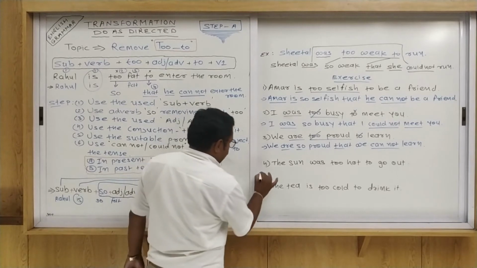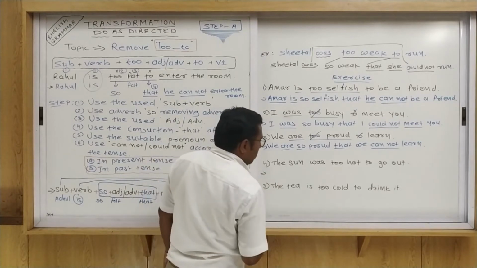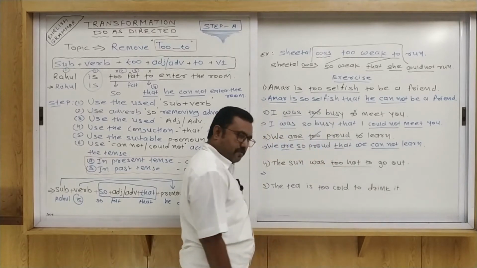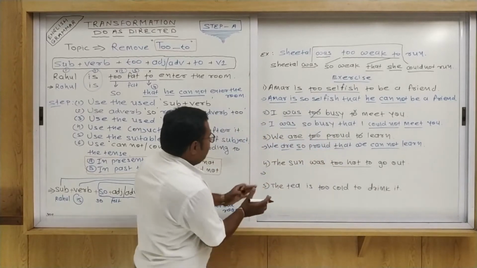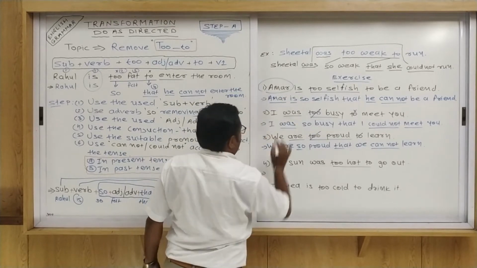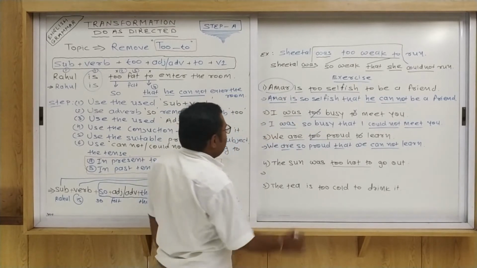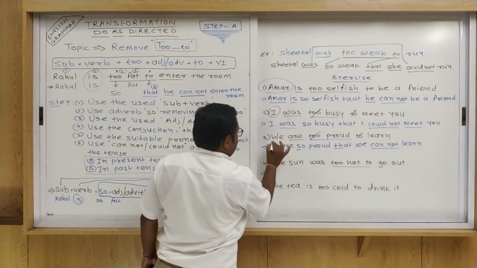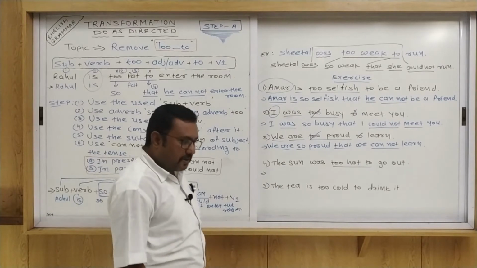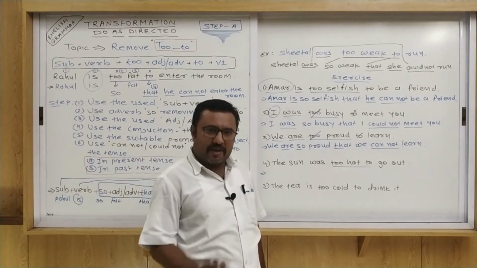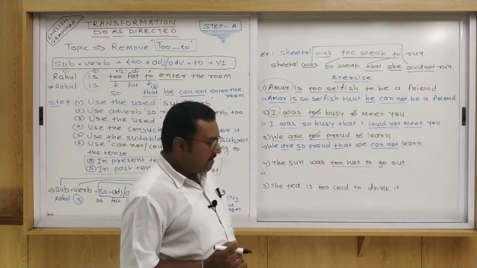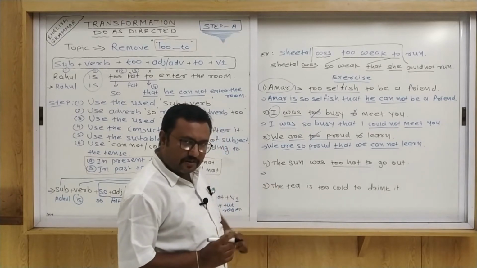Now the fourth one: the sun was too hot to go out. See that in sentence number 1 Amar is given, so Amar means pronoun he. Now for the sun, which pronoun can we use?